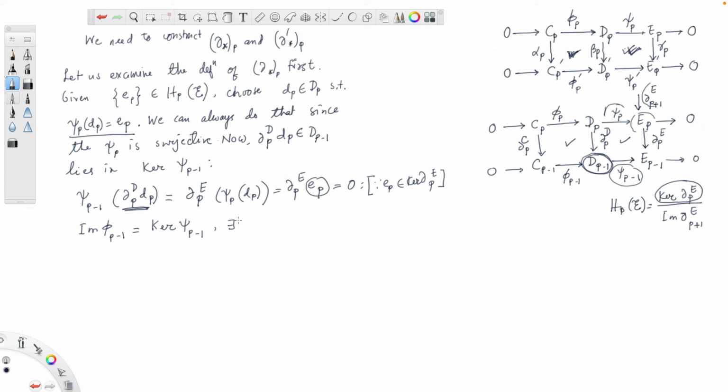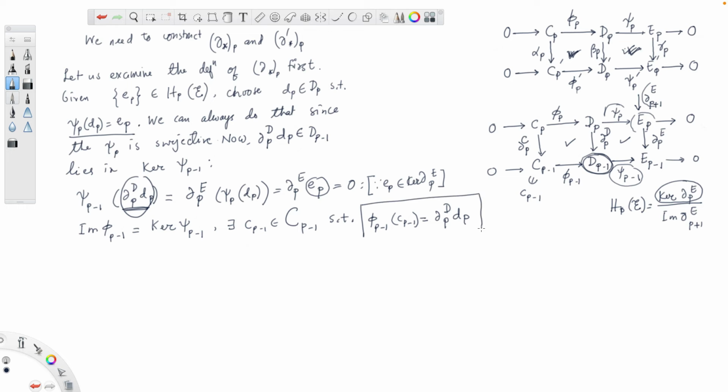It means that there exists an element here in C_{p-1}, which we denote by c_{p-1}, belonging to the group C_{p-1}, such that, sorry, made a mistake, it's phi, so that phi_{p-1}(c_{p-1}) is equal to this element del_p^D(d_p).